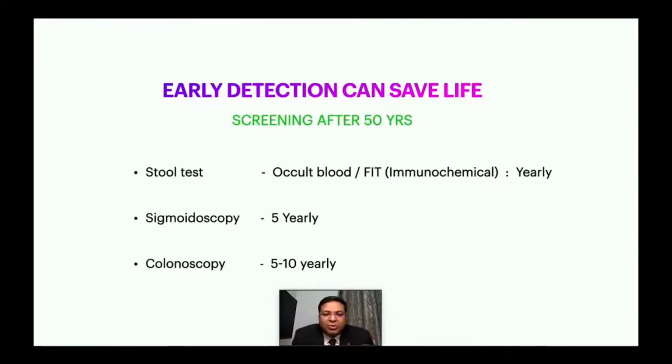Then we can do a sigmoidoscopy because most of these problems develop in the distal part of the colon. So a 5-yearly sigmoidoscopy is recommended. And then colonoscopy 5 to 10 yearly, depending on risk factors. Suppose you have found a polyp in a sigmoidoscopy, then obviously we have to do a full colonoscopy to rule out presence of polyps in other areas.